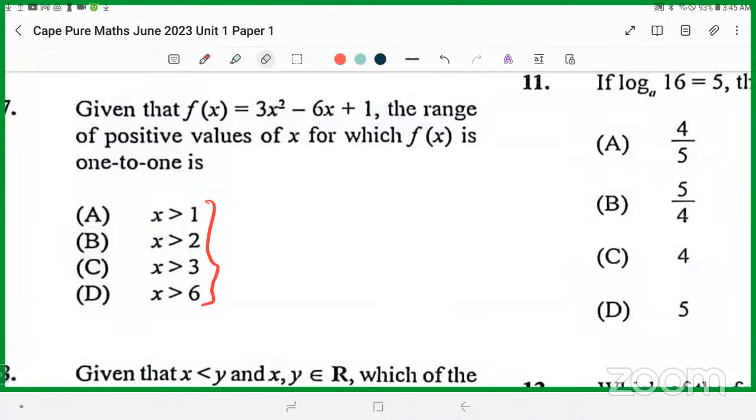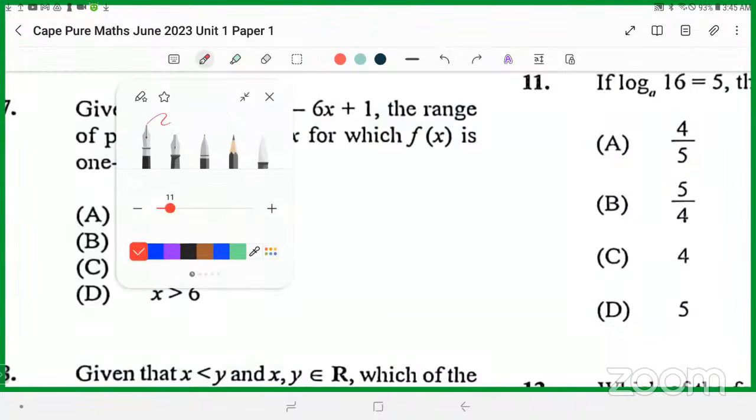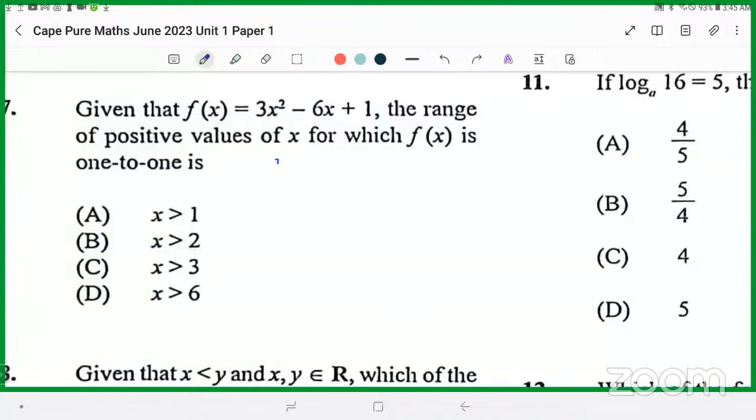So basically, you want to find where the turning point is. You can complete the square and write f of x, factorizing the 3 first. I could say the turning point is at x equals minus b over 2a, that's where the x value is at the turning point.